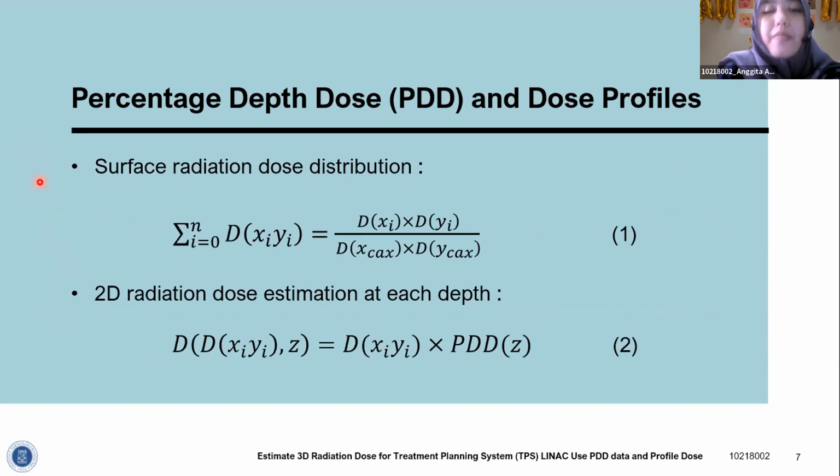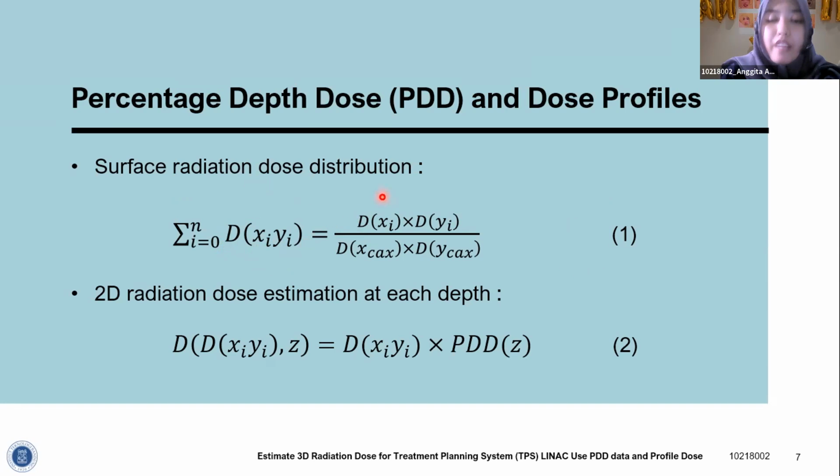For measurement, the surface radiation dose distribution can be measured by the first equation, where Dxiyi is the radiation dose distribution of the surface in the xy area.